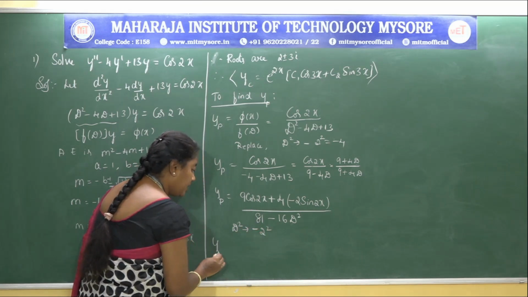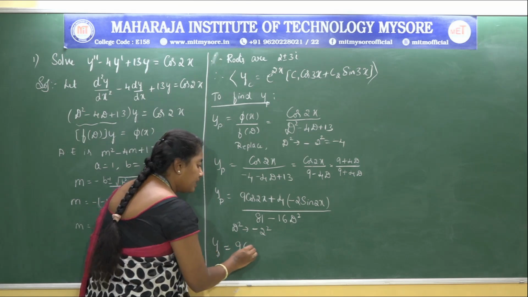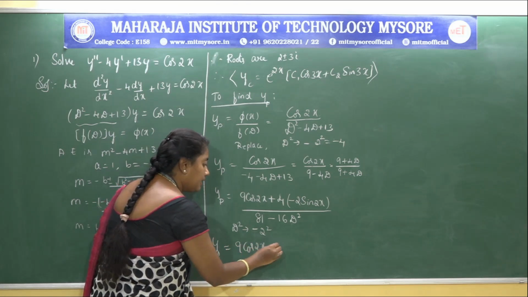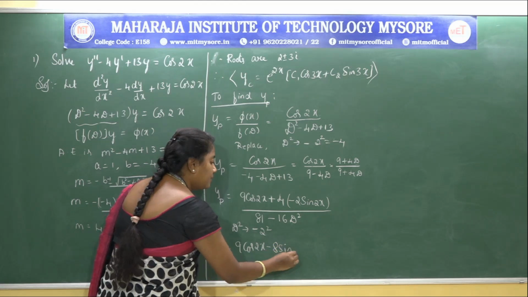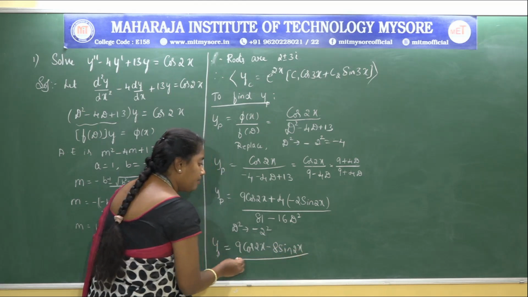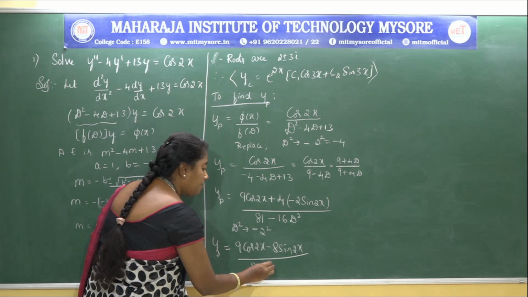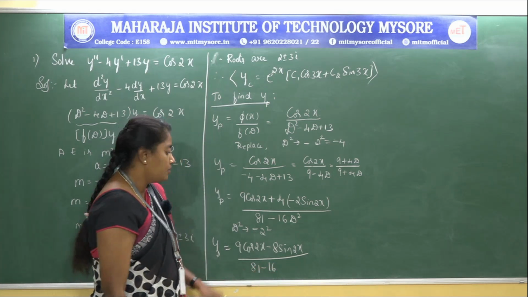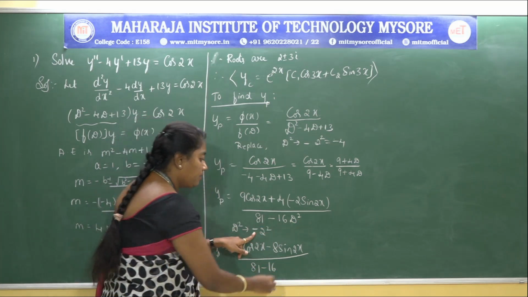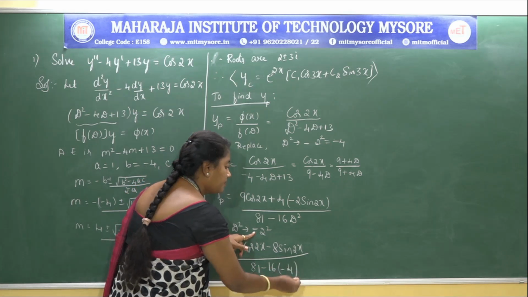On simplifying, yp is equal to 9 cos 2x minus 8 sin 2x divided by 81 minus 16 into D square. Again D square value is minus 4.